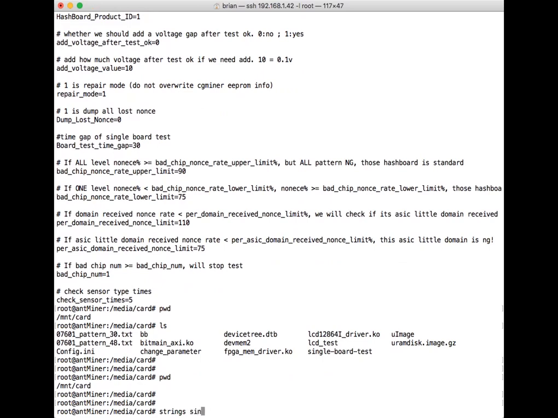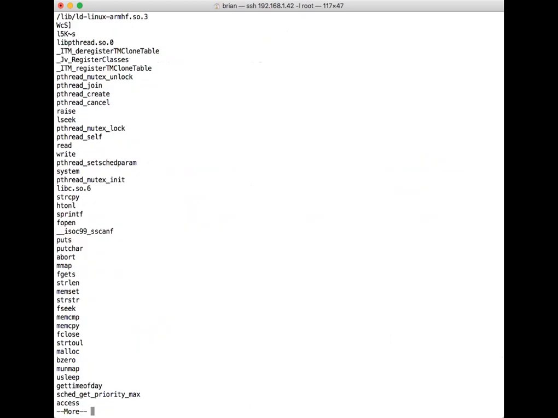Sometimes you can cheat by looking at what the programmer did and what the programmer is looking at by dumping all the error message strings out of the executable. An executable file is something you can't open in a notepad, but I can find the strings in there using the strings utility that Linux/Unix gives me, and then I can pipe it to page the output. So let's just take a look at some of the stuff that single board test has in it.